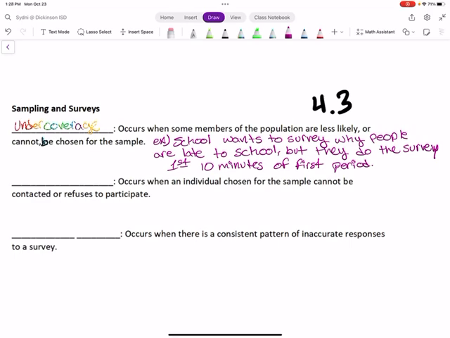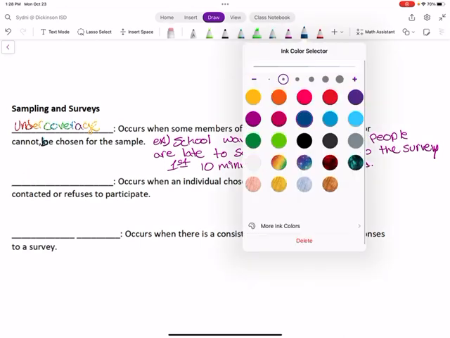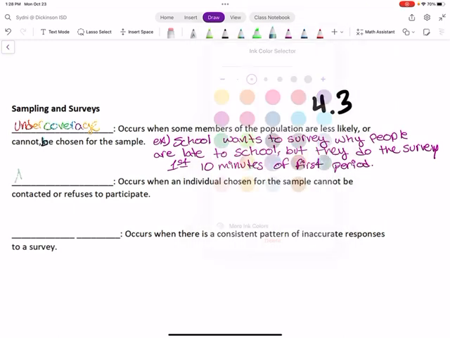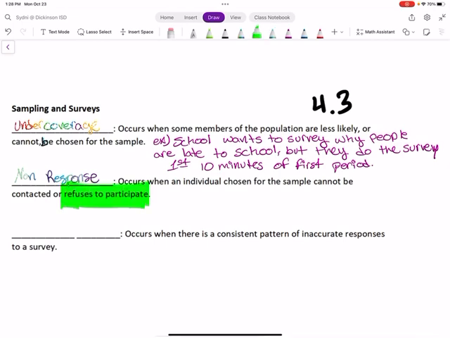So the next one, jumping gears, is called non-response. There we go. Sorry. Non-response is kind of what you think it is. It occurs when an individual chosen for the sample cannot be contacted or refuses to participate.